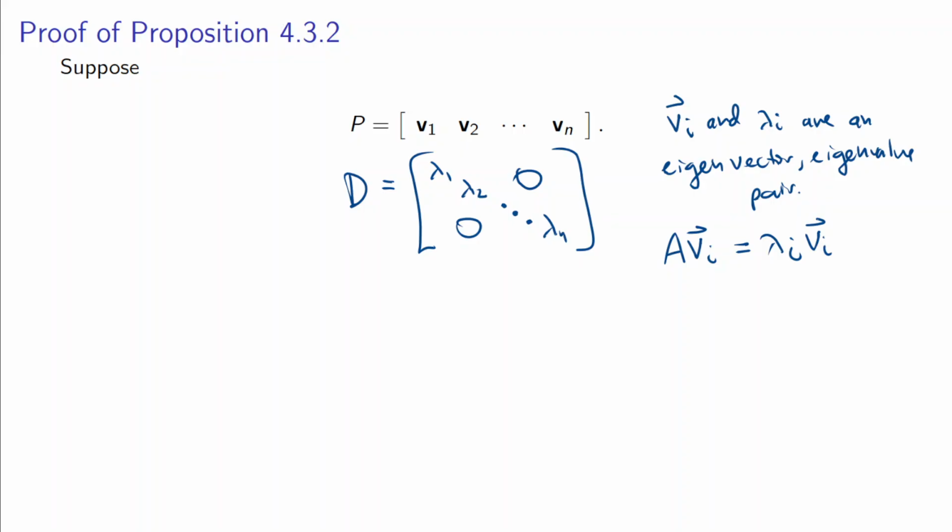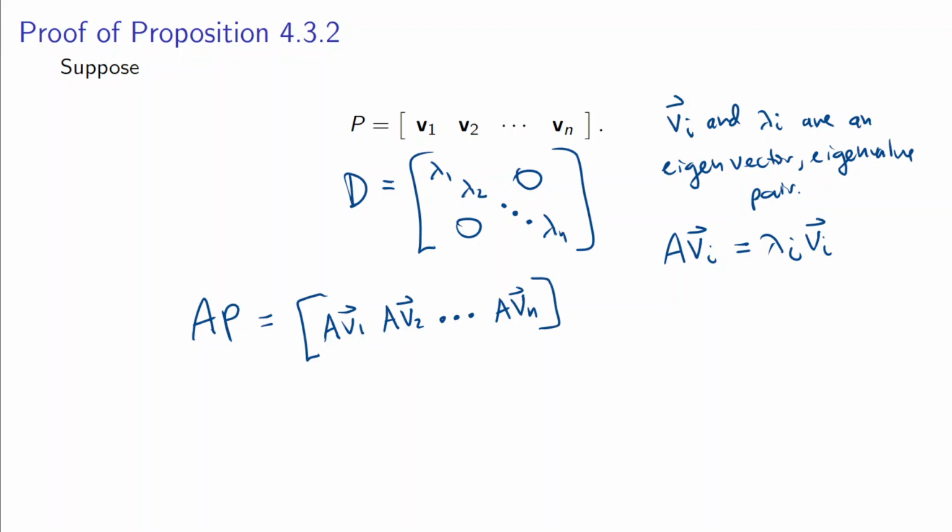So suppose we have this setup. We want to show that A equals PDP inverse. Let's consider A times P. By the nature of how we do matrix multiplication, that's A V1, A V2, down through A Vn.